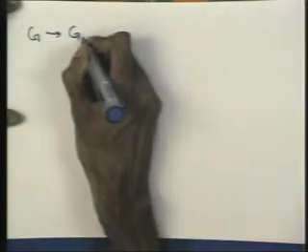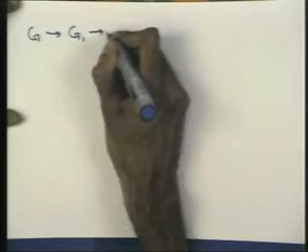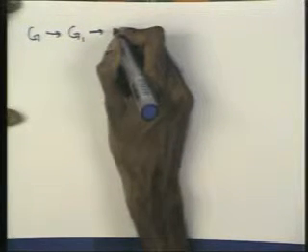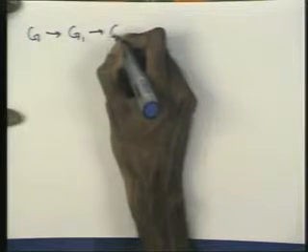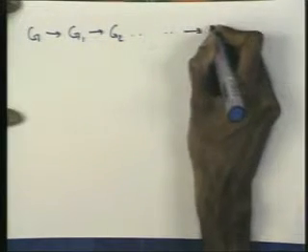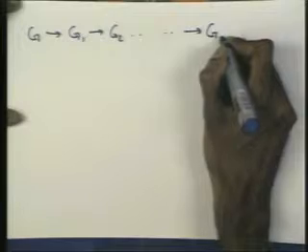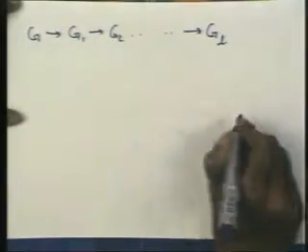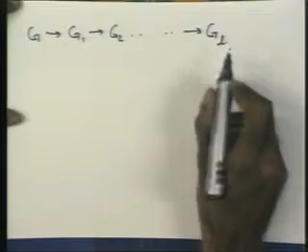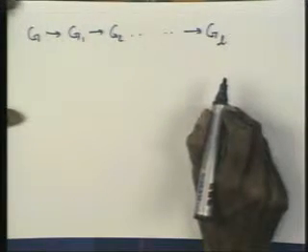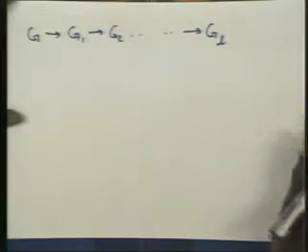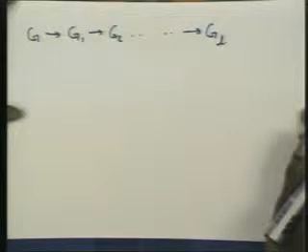So the algorithm is as follows. You take G and then keep splitting vertices as long as there are vertices with degree at least 4. So G1, G2 and so on. Maybe this is done L times. And in GL, I know that there is no vertex with degree greater than 3.